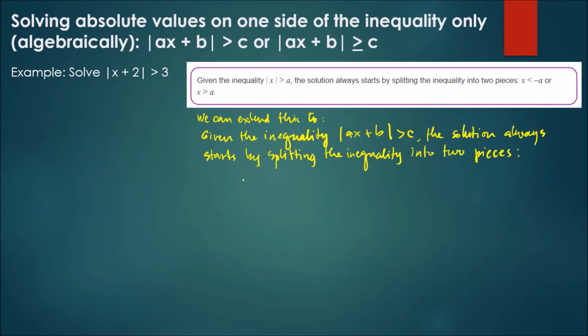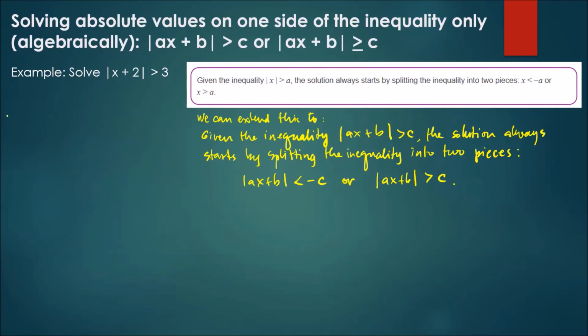So that is, the first one is ax plus b is less than negative c, or the other one is ax plus b is greater than c. So following this, we have to solve this.